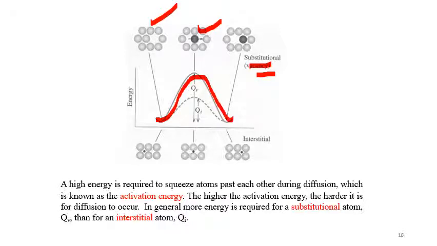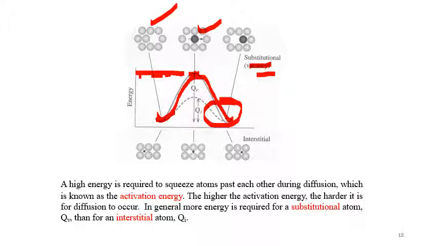When we have a vacancy, the energy required will be very high compared to the vacancy diffusion. For substitutional, you can see this much energy is required for the diffusion, and for interstitial it comes down here. This means that in order to have diffusion, interstitial and vacancy are preferable to substitutional.